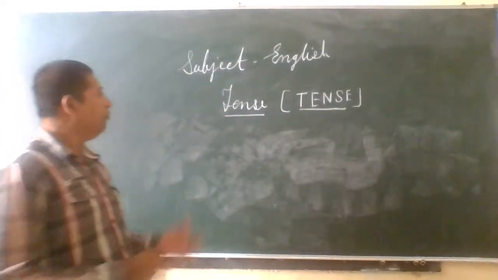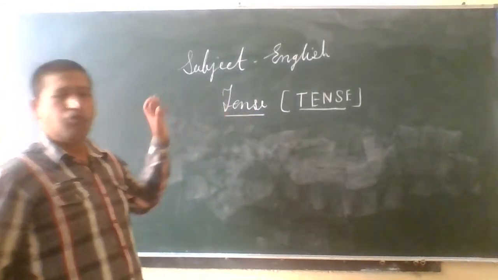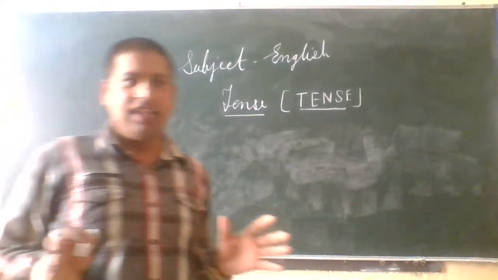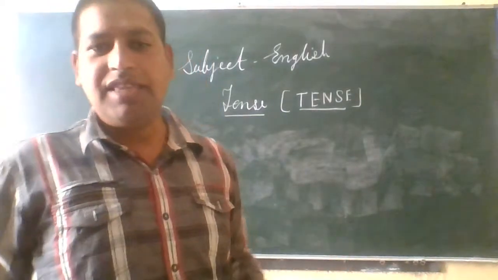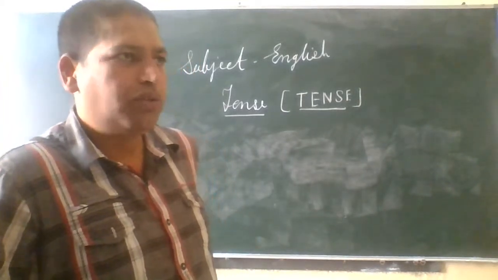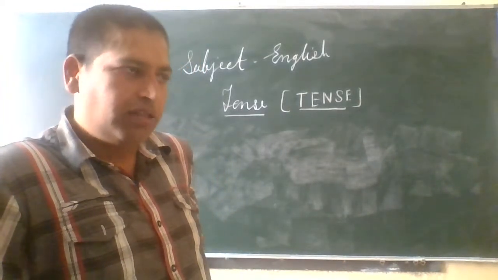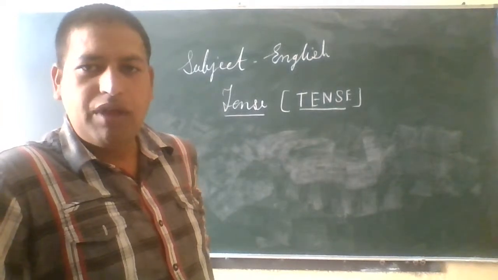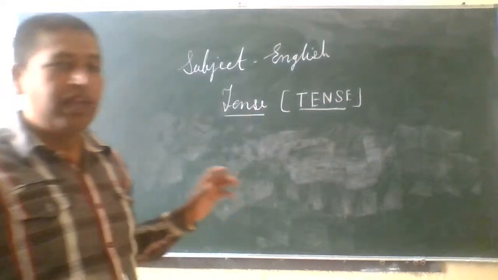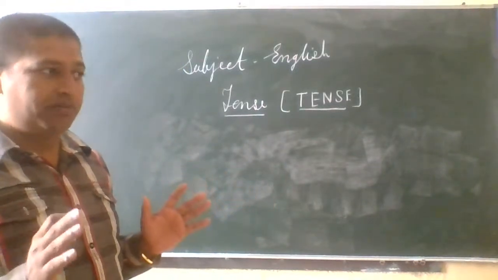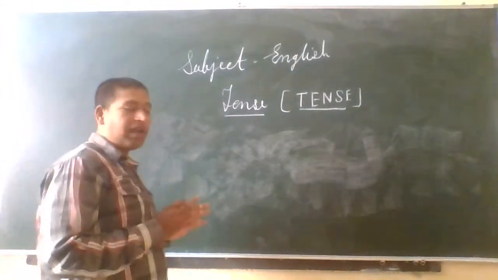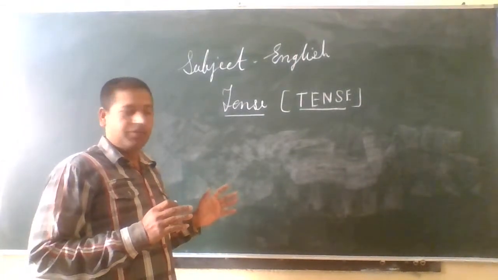Now, we are going to think about the tense. What is the meaning of tense? It is not tension. Tense means that three tenses are there. We can see in Marathi also, in Hindi also, and now we are going to see the same topic, tense, so that we can understand at which time the situation has happened.